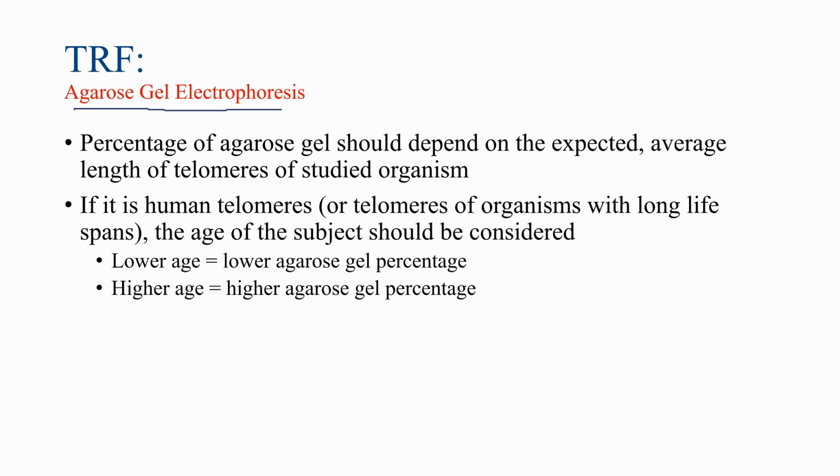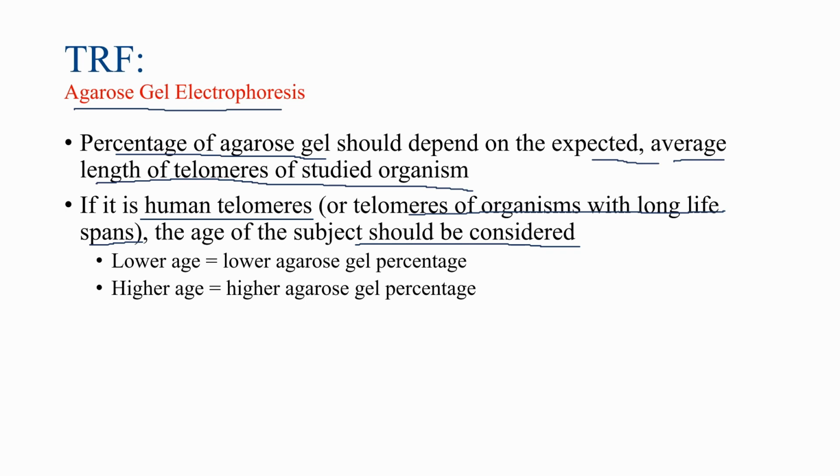Importantly here, the percentage of agarose gel that you use should depend on the expected average length of telomeres of the studied organism. If it is human telomeres that you're studying, or telomeres of organisms with long lifespans, the age of the subject should also be considered.